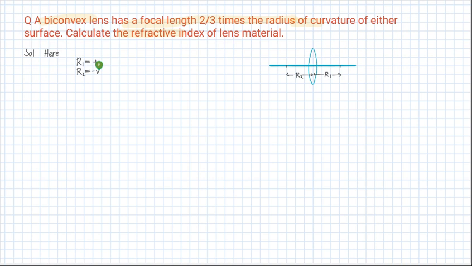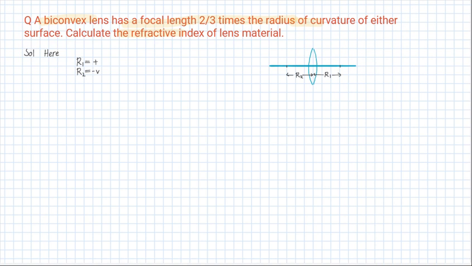Now, since it is made of a single material, both surfaces of the lens are of the same material, so the radius of curvature should also be the same.